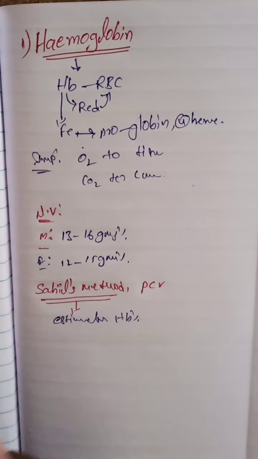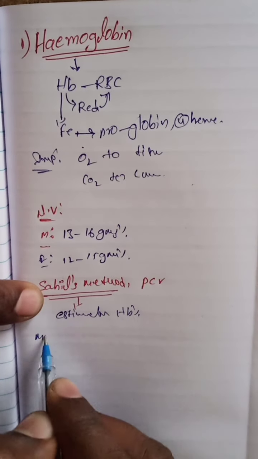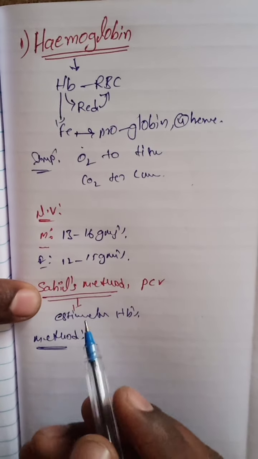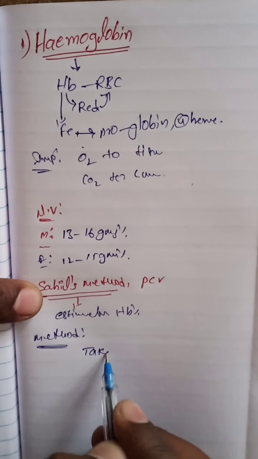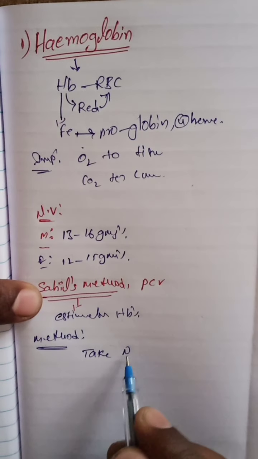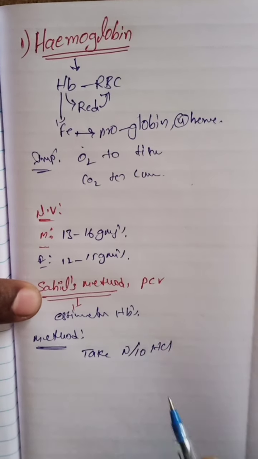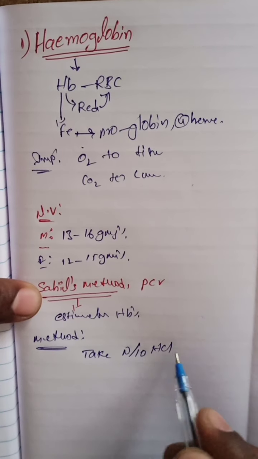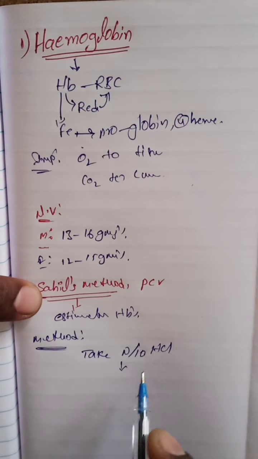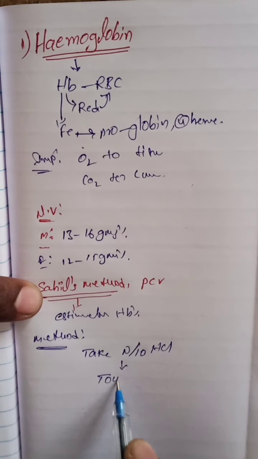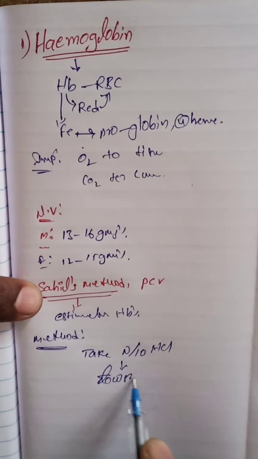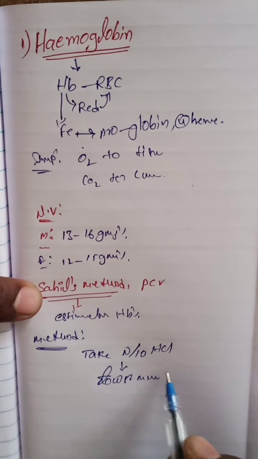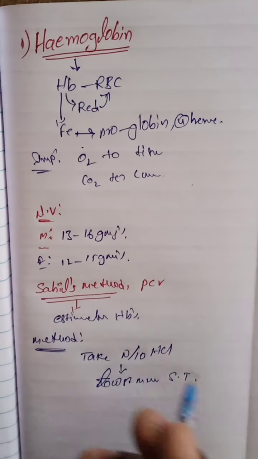So in Sahli's method, what is the procedure? We take N/10 HCl, that is, normality 10 percent HCl. The HCl is prepared and taken up to the lowest mark of the Sahli's tube.